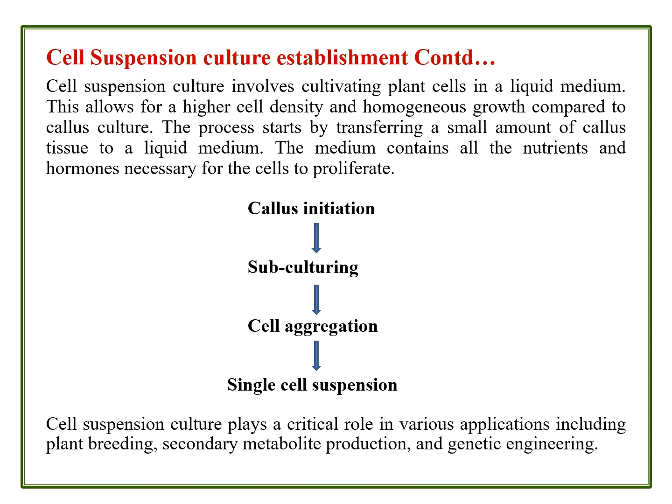It involves cultivating plant cells in a liquid medium, which allows a higher cell density and a homogeneous growth when compared to callus culture, where the lower cells can always absorb the nutrients, but the upper cells may depend upon the lower cells for the nutrients. At the same time, homogeneity is missed in the case of callus cultures.